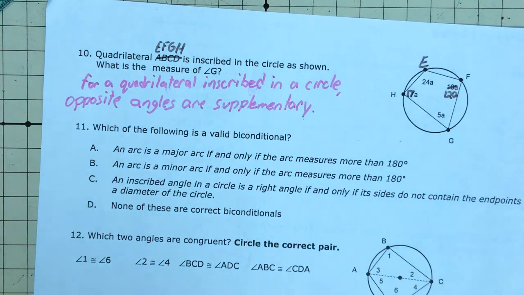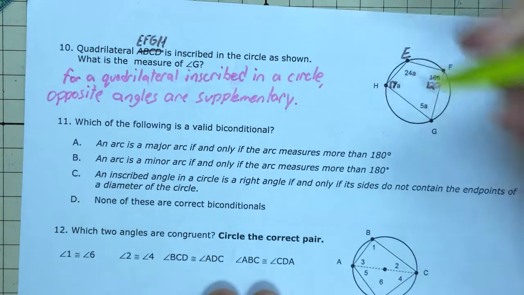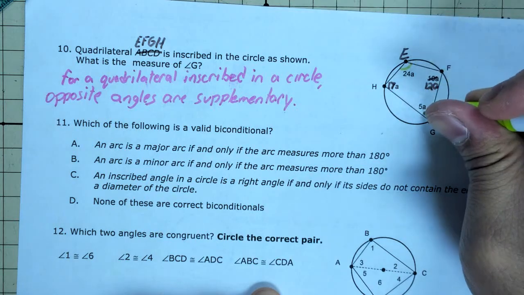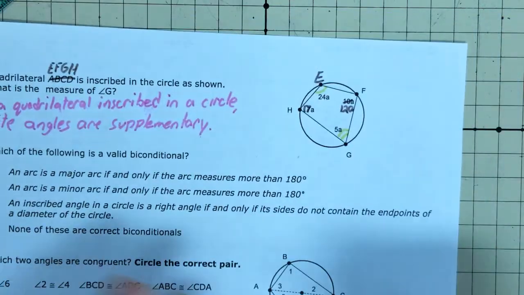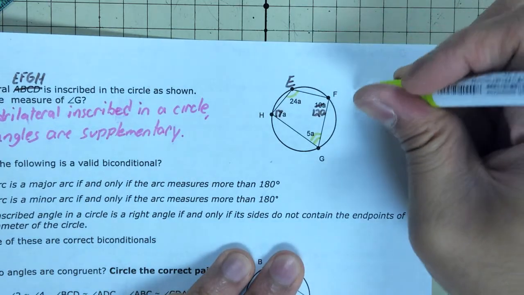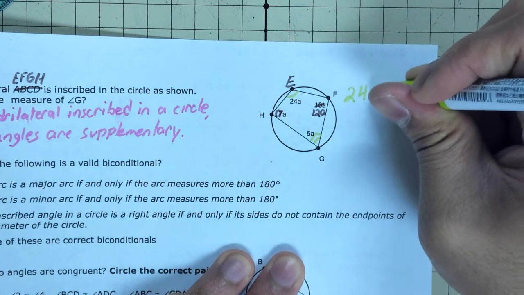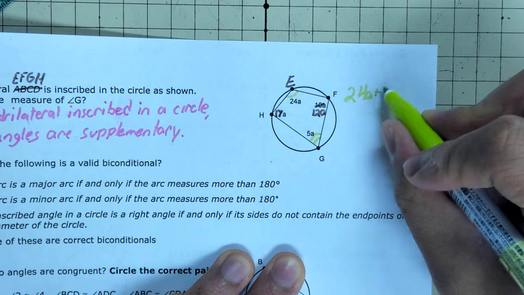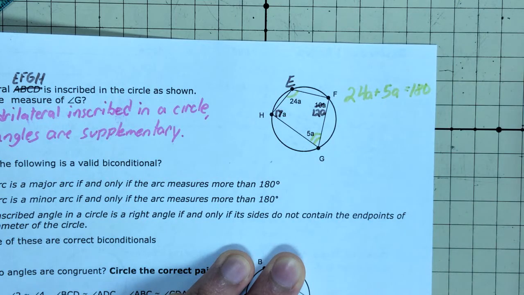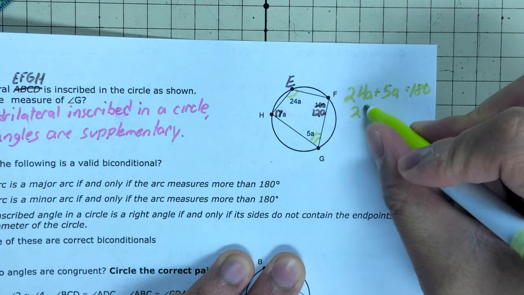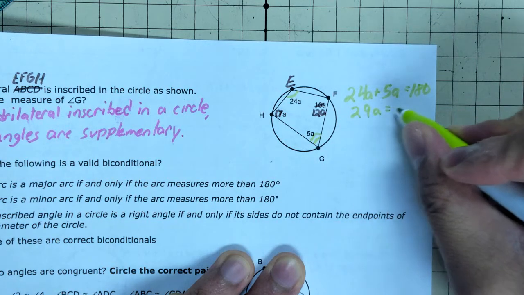So what that means for us is, if I take this angle E and this angle G, they add up to 180. So let's do our work over here. 24A plus 5A equals 180. Combine like terms, 29A equals 180.